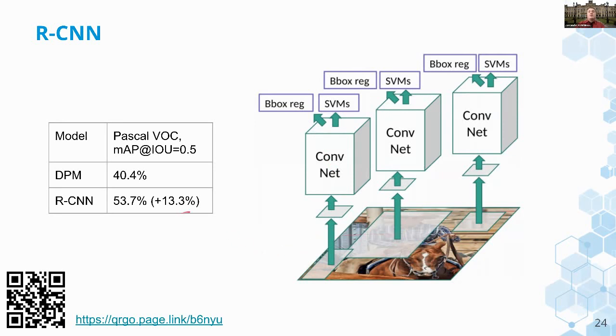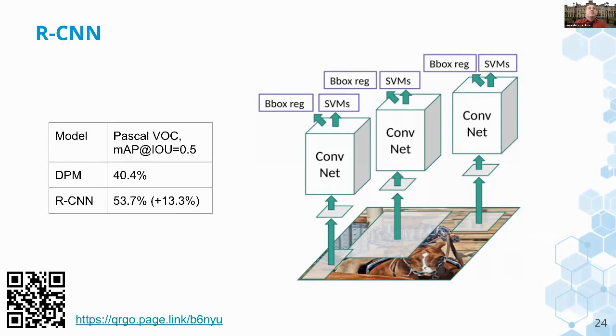So as we can see, this simple approach beat one of the strongest classical object detection models, called DPM, deformable part models, by a 13% margin. And R-CNN opened a new page, a deep learning page, in object detection history.